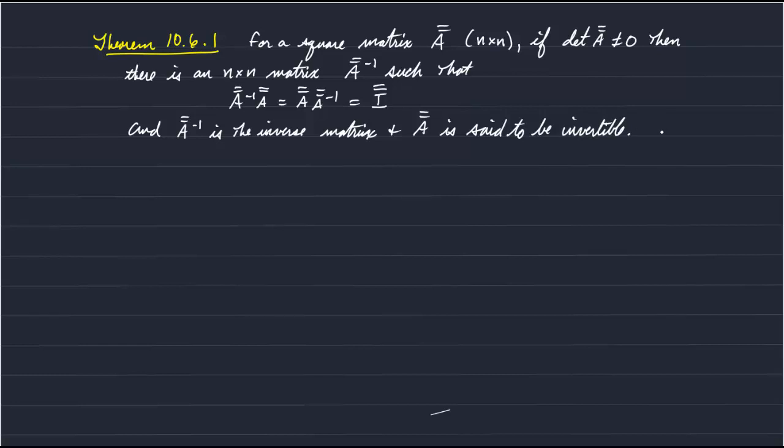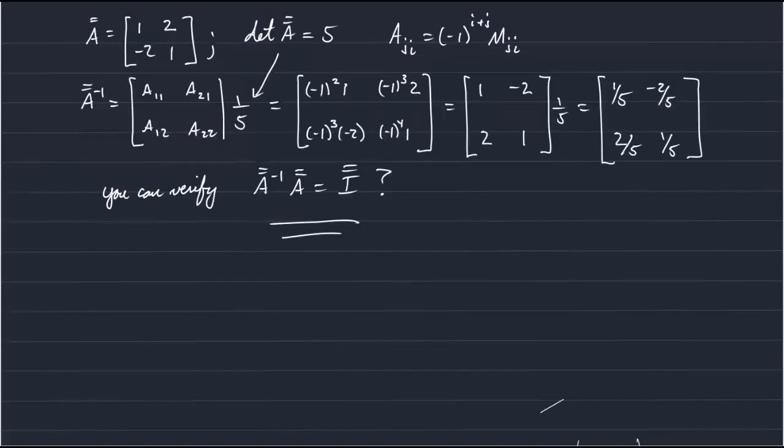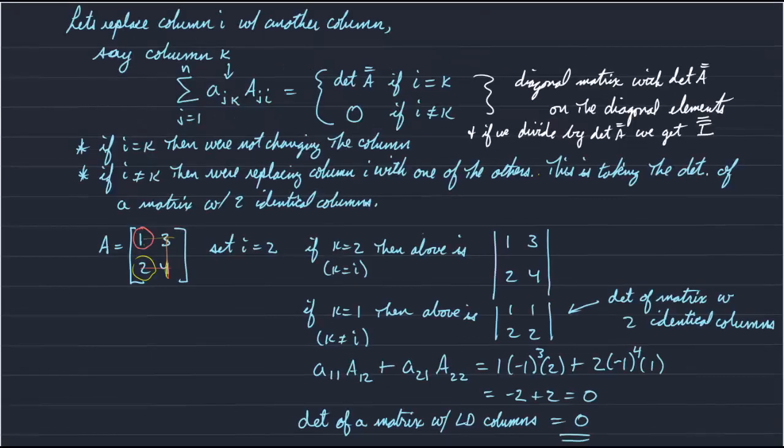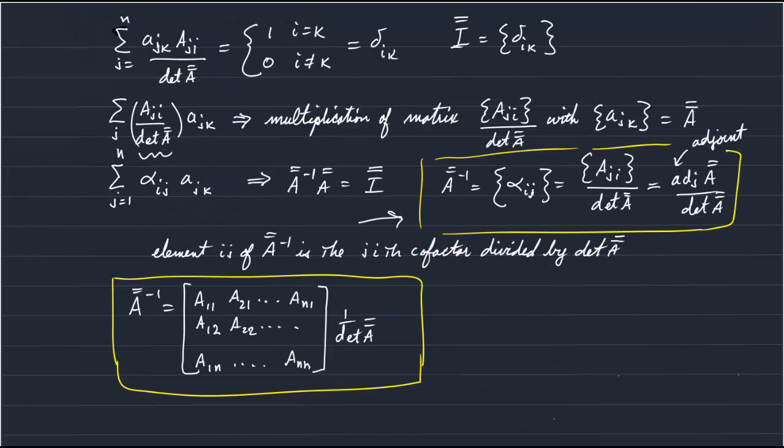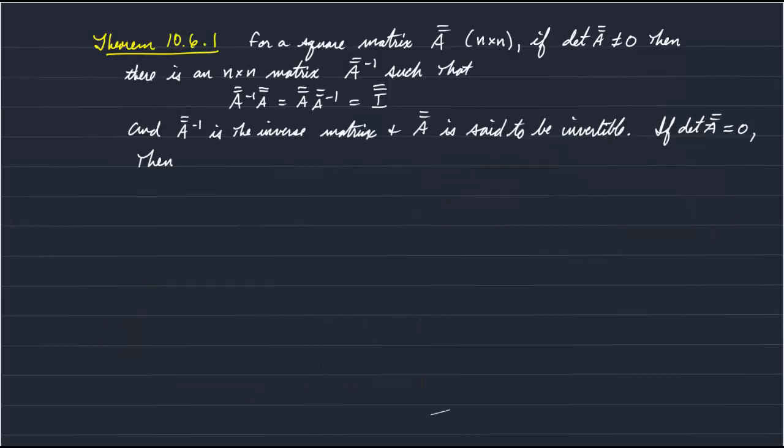Now, on the other hand, if the determinant of A is equal to 0, then, let's go back and look at the determinant again. Right, so the inverse matrix was proportional to 1 over the determinant. So if the determinant is equal to 0, then the inverse matrix must not be defined, and that's the case.